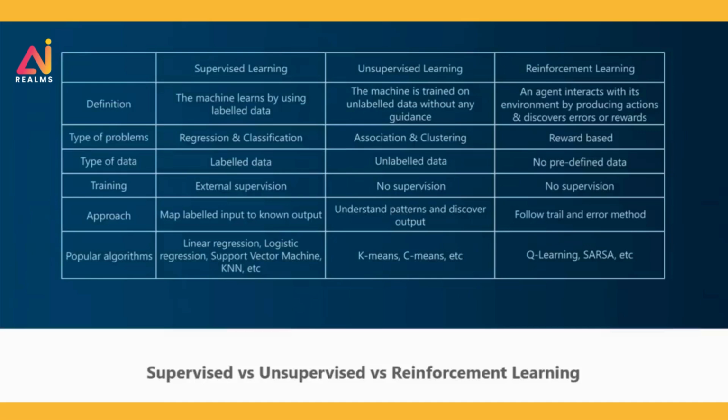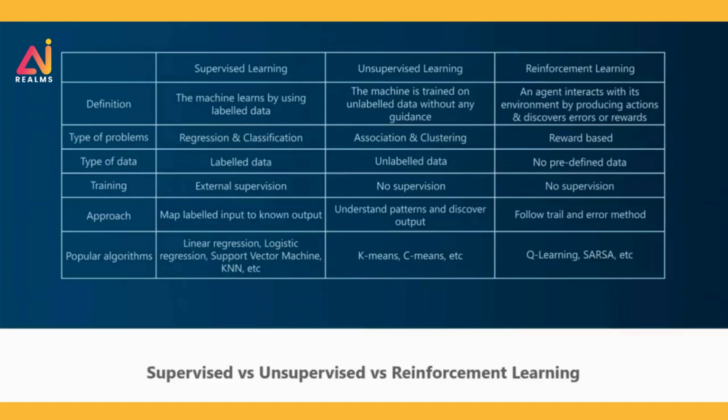I'll be discussing regression, classification, clustering, and all of this in the upcoming slides, so don't worry if you don't understand this. Now, the type of data which is used in supervised learning is labeled data. In unsupervised learning, it is unlabeled. And in reinforcement learning, we have no predefined dataset, right? The agent has to do everything from scratch.